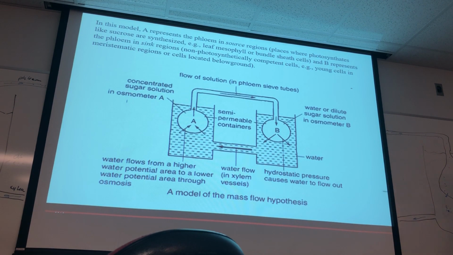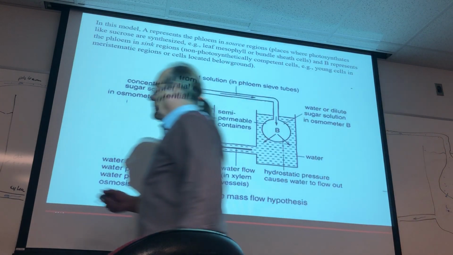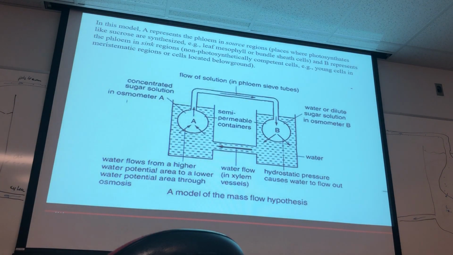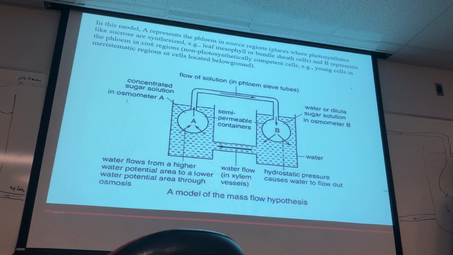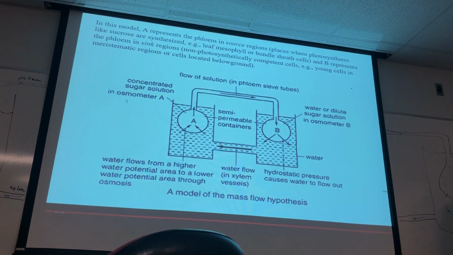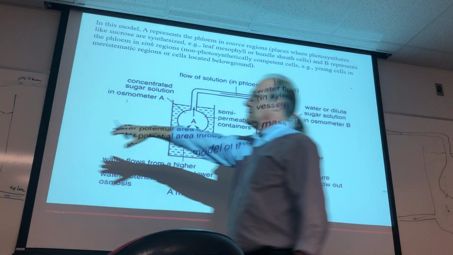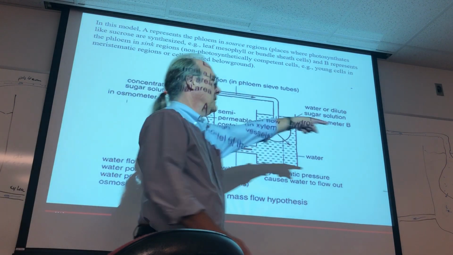Okay, so in this scheme, the situation here at A represents the source, whereas this one over here is the sink, right? This is where photoassimilates are produced. This is where they're utilized.